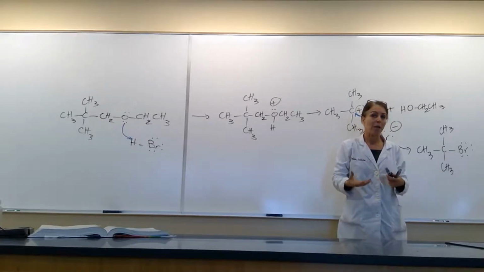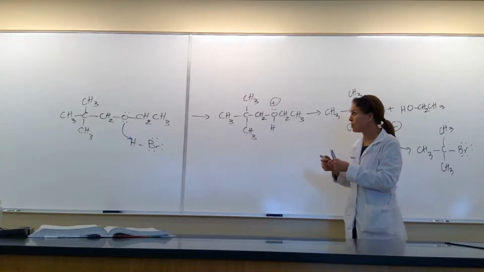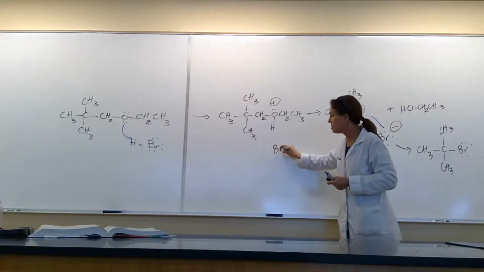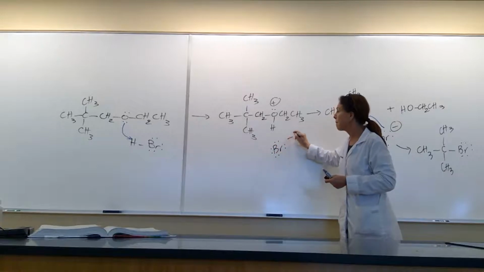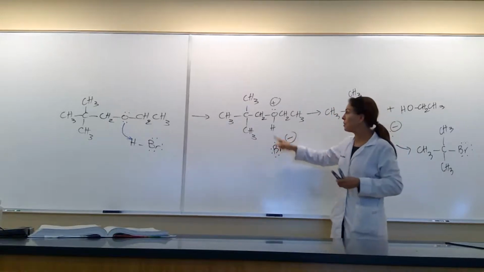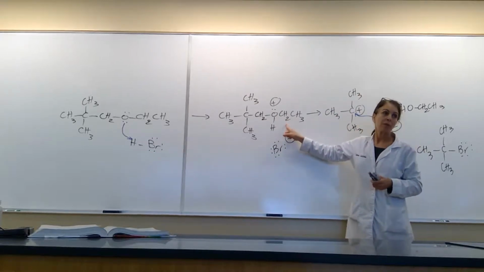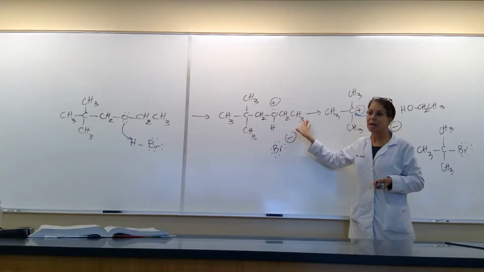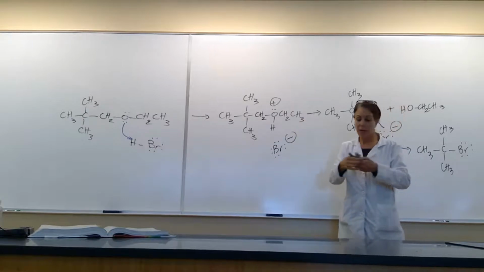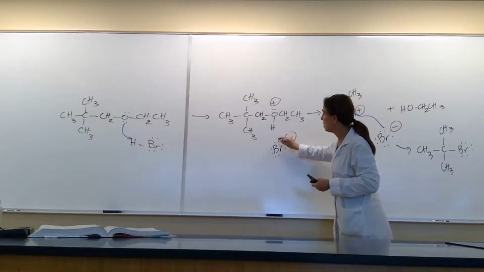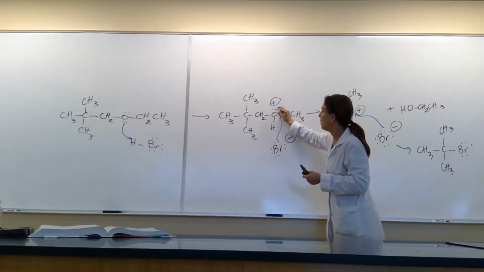But if there is no possibility of tertiary carbocation, then here the bromide will come. And then where is it going to go? Is it going to go on this side or on this side? Less bulky. Why? Because it's less bulk. Okay? So then this attacks here and this bond opens.